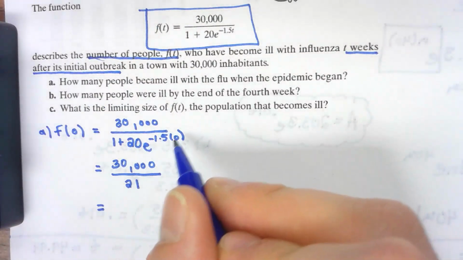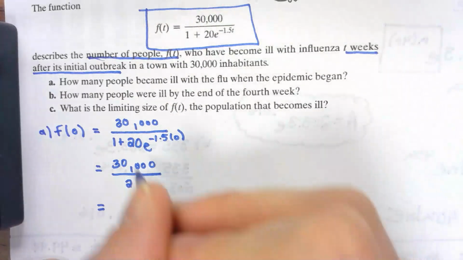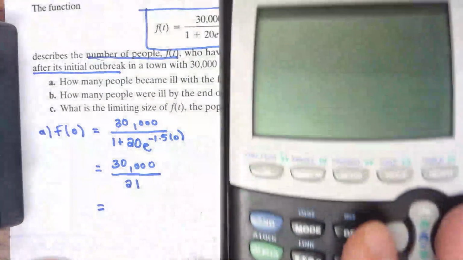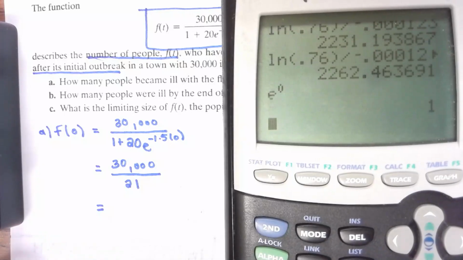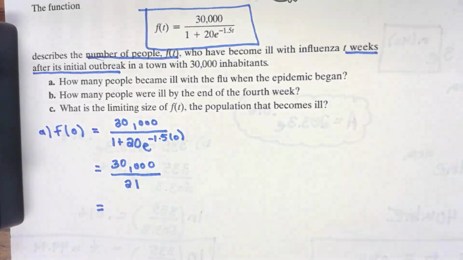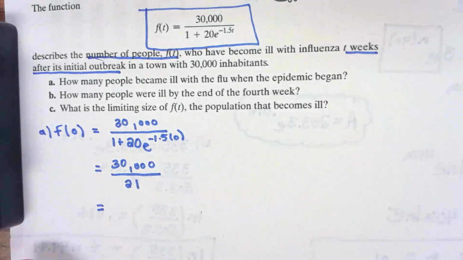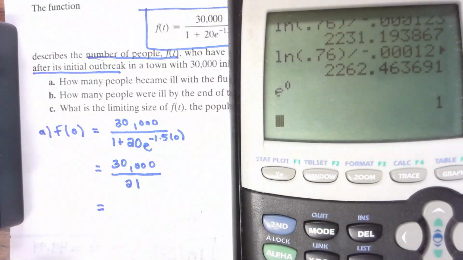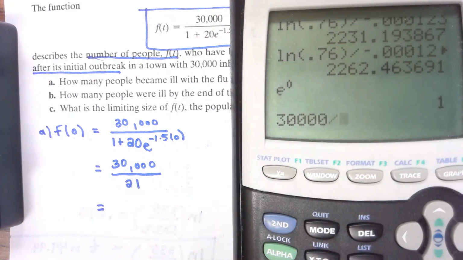E to the power of 0 is 1. So this part right here, e to the negative 1.5 times 0, we're taking e to the power of 0, and any number to the power of 0 is 1. So this is really 1 plus 20 times 1. 20 times 1 is 20. 20 plus 1 is 21. And so the initial population that was infected is 30,000 divided by 21.